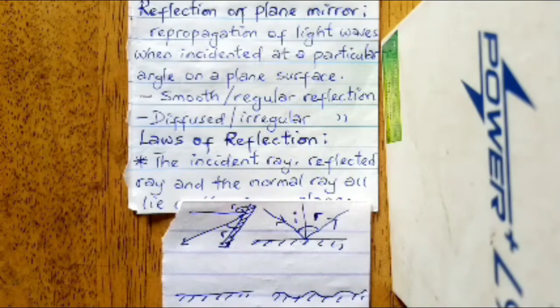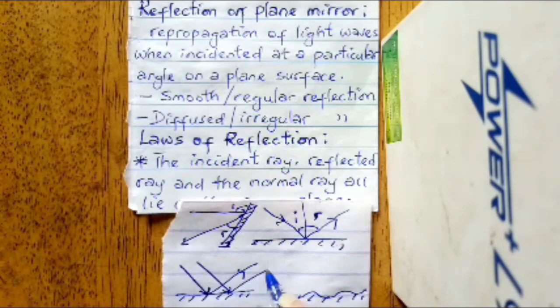Now, when light rays are reflected on a smooth surface, the rays are known as regular rays. So the rays formed after reflection on a smooth surface are regular rays. Now you have a ray of light. This is a smooth surface, continuous. You have another ray of light. Smooth surface is continuous. So these are regular light rays.